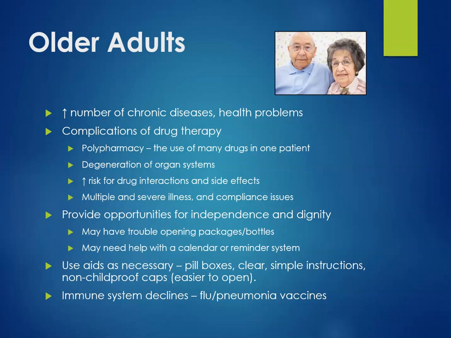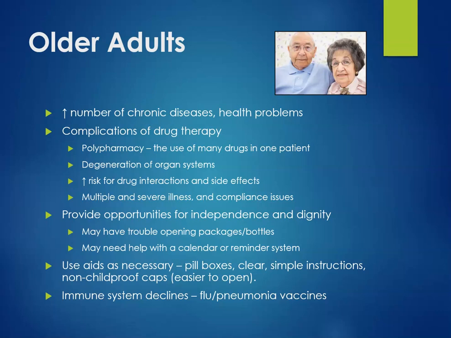Those are very difficult for the elderly to get off. Maybe they need a calendar with their meds written on it. Maybe they need some other reminder system. Pill boxes, instructions, reminders on mirrors, those kinds of things.